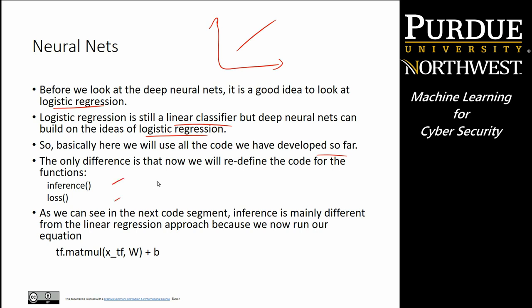So as we can see in the text code segment that we had before, inference is mainly different from the linear regression approach, because we now run our equation, this equation, right, through a softmax function, or let's say a sigmoid function. So some function, right? And that function is going to modify the values that we had into a specific range, which is going to be 0 to 1.